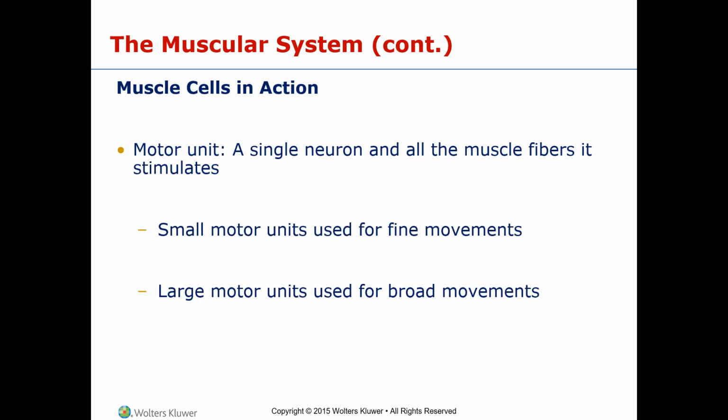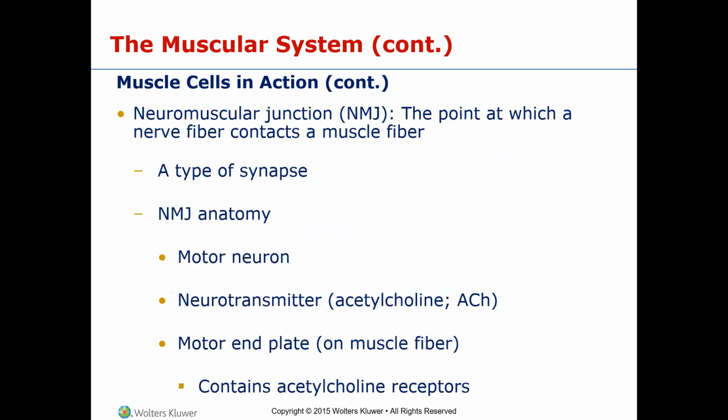There are two different types of motor units, either a small motor unit, which will govern our fine movements like our eye, or large motor units, which are like walking. But all of those are controlled through the central nervous system, which sends out a stimulus to the muscle. And so those are what consists of a motor unit.